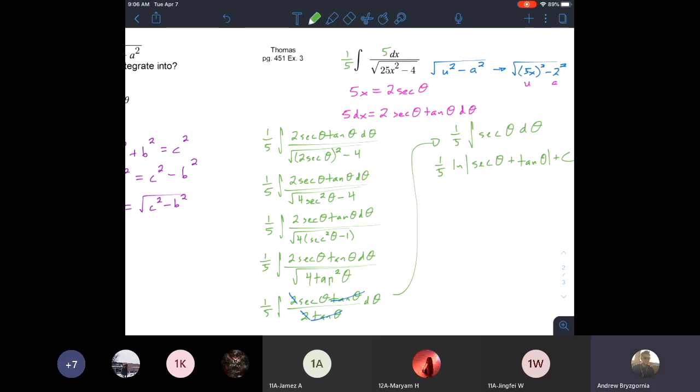So there we go. We get 1/5 times the natural log of secant plus tangent.